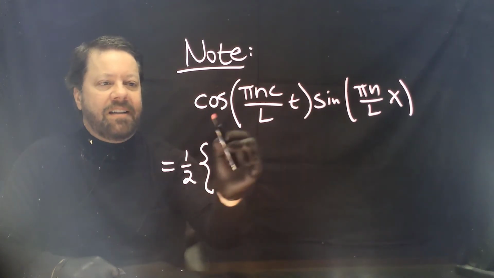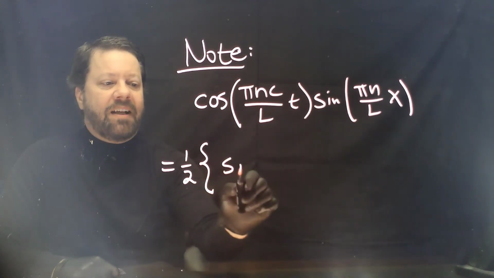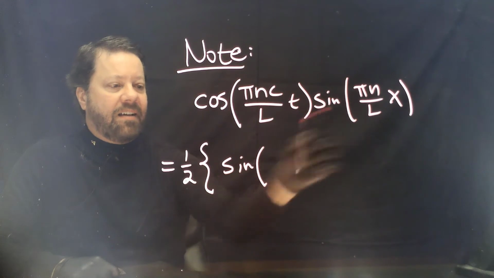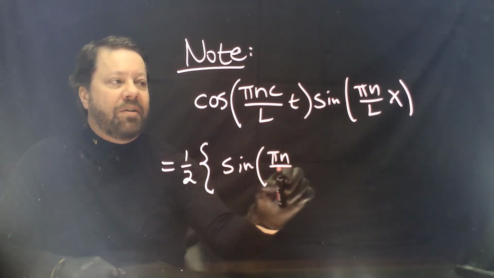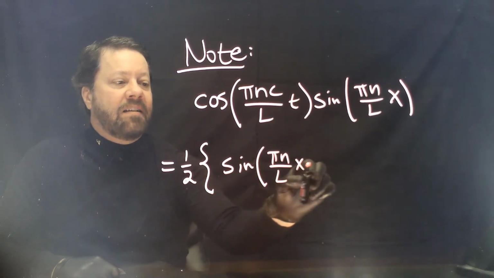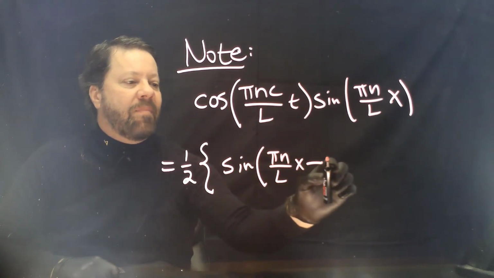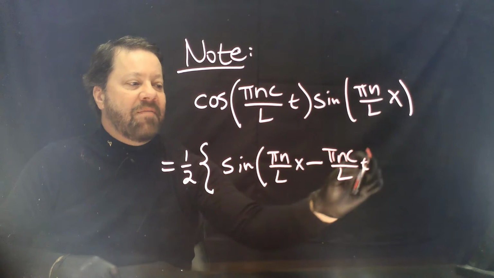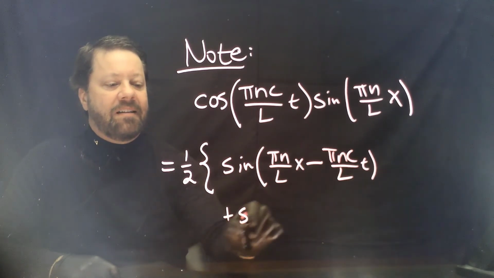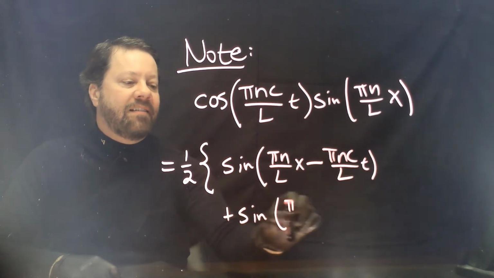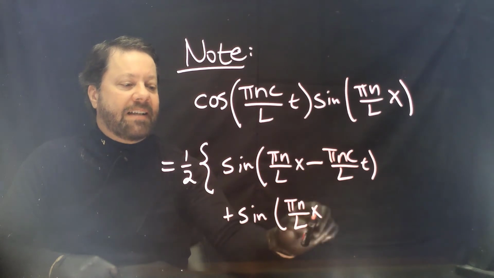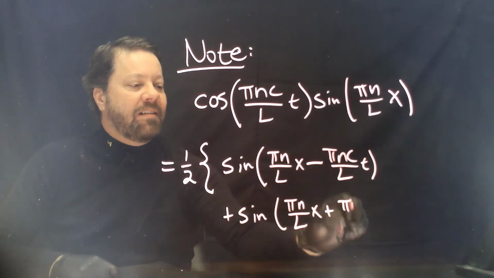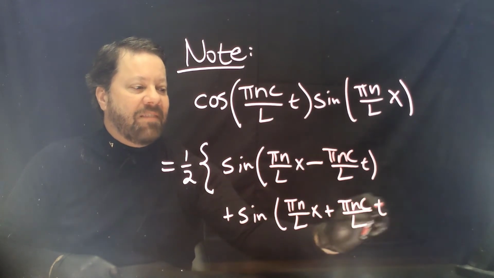Since it's sine and cosine, we'll have the sine of pi n over L x minus pi nc over L t plus the sine of pi n over L x plus pi nc over L t.